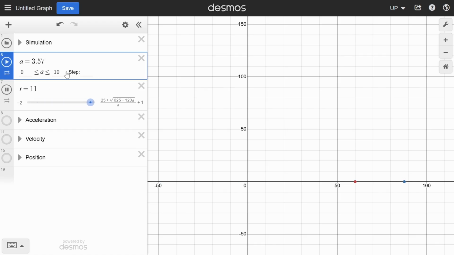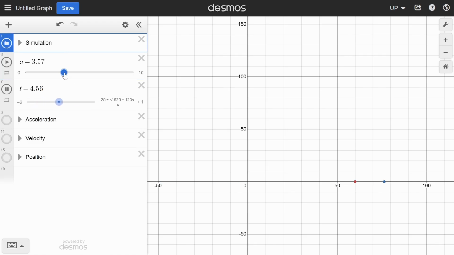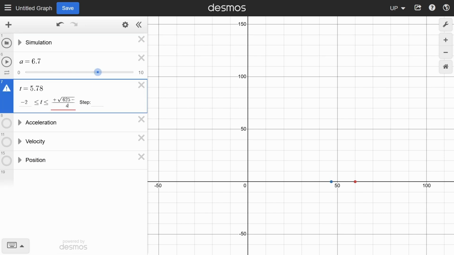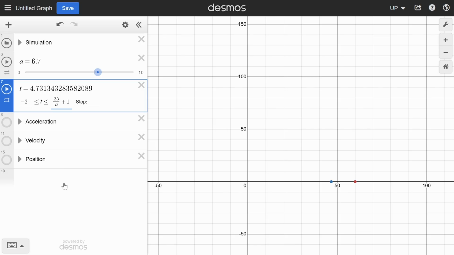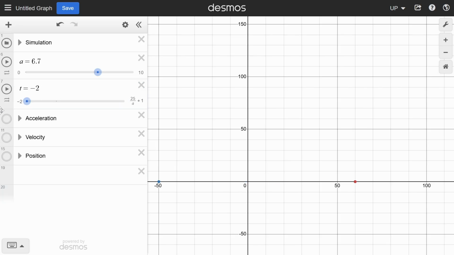But if we go over it, let's say if we go until 6, and let's put this to be 25 over 8, we would be able to stop before it hits this point.